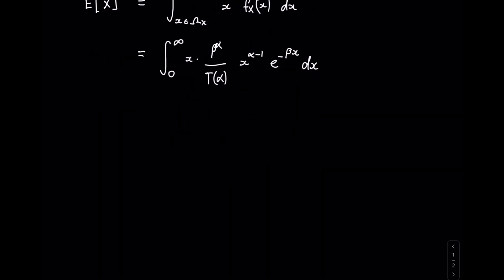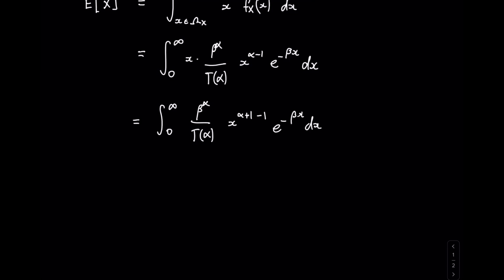Now, we can do a bit of simplification here. We notice that there's an x here and an x here, so we can combine these powers. This is the integral from 0 to infinity of beta to the alpha over gamma of alpha, times x to the alpha plus 1 minus 1, e to the negative beta x dx.